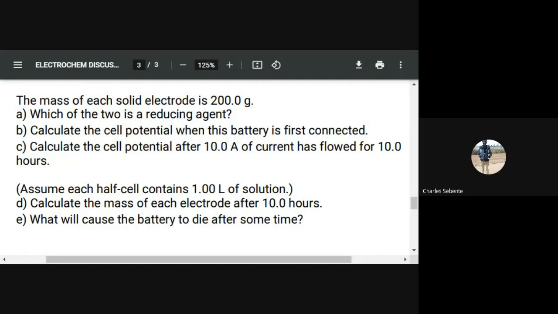Hence, you can find now the number of moles of copper that is plated out. So you divide the 3.73 by 2. Since that is the mole to mole ratio, that is 1 to 2, you're going to find 1.87 moles of copper plated.